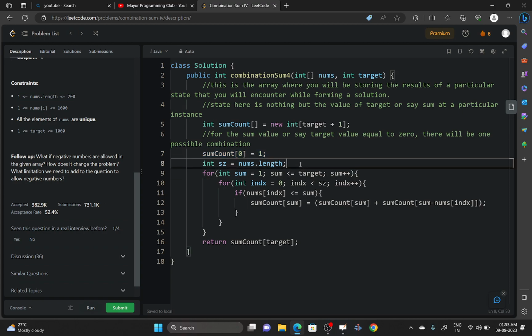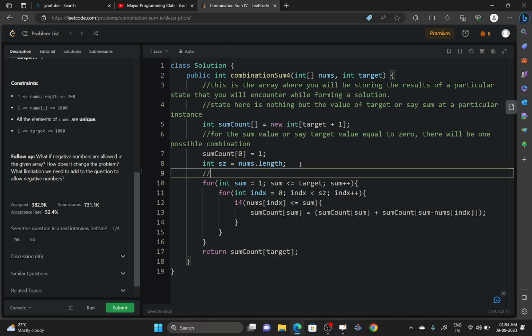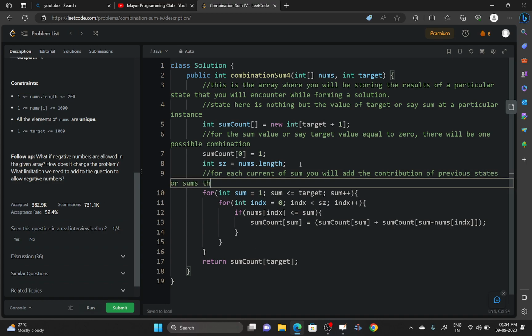And then for each current value of sum, you will add the contributions of previous states, or sums, that could have landed us on the current sum. Sum here is nothing but the state.